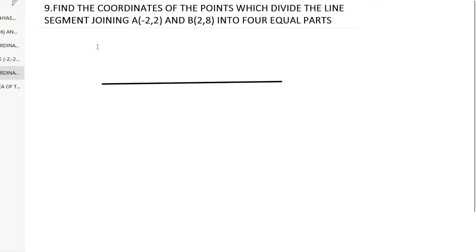Find the coordinates of the points which divide the line segment joining A(minus 2, 2) and B(2, 8) into 4 equal parts. So if I take this as A, minus 2 comma 2, and this as B, 2 comma 8, it is divided into 4 equal parts.